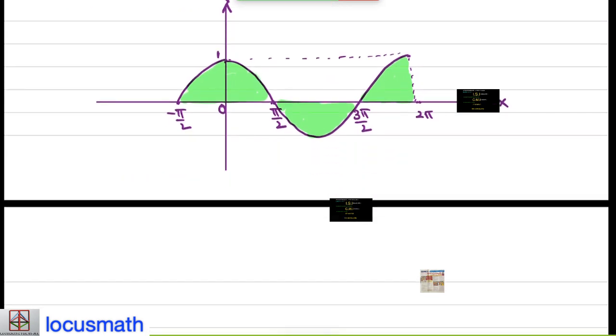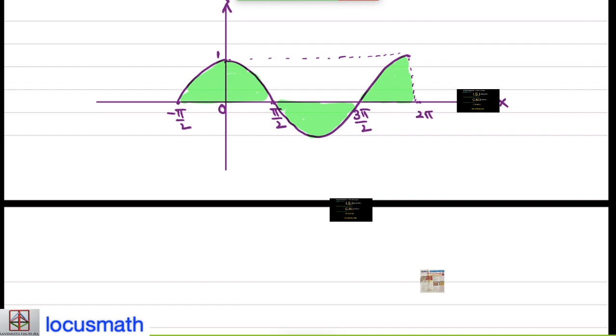To find this area, if you observe the limits, from minus pi by 2 to pi by 2 the cos is above the x axis only. Cos x is positive from minus pi by 2 to pi by 2, and from 3 pi by 2 to 2 pi also cos x is positive, but from pi by 2 to 3 pi by 2 cos is negative.